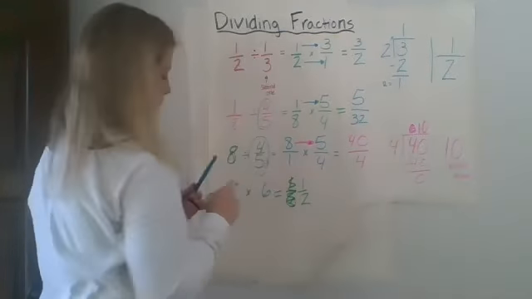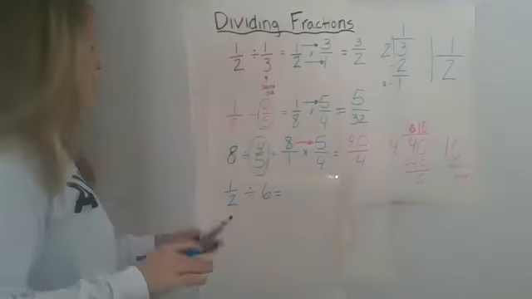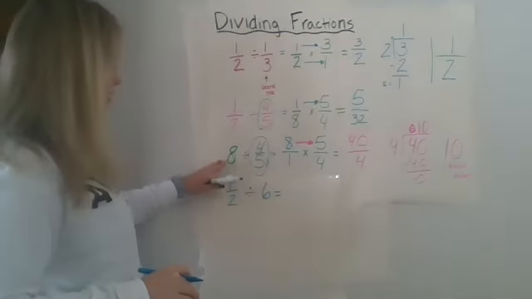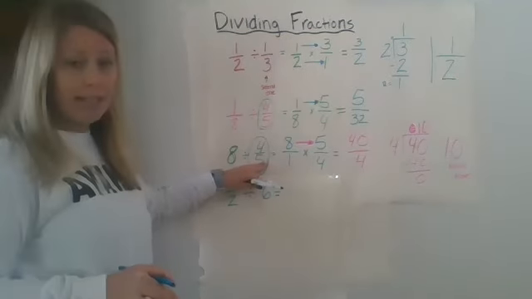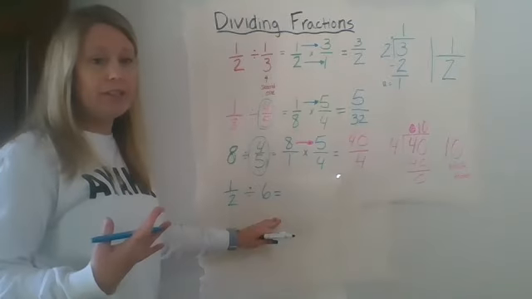What I was trying to write was 1/2 divided by 6. So at this point we have made the whole number the second number. It changes things up a little bit, but you still handle it very similarly.